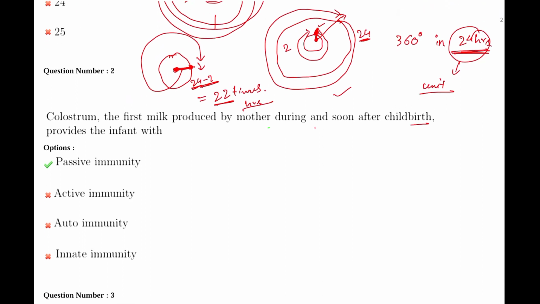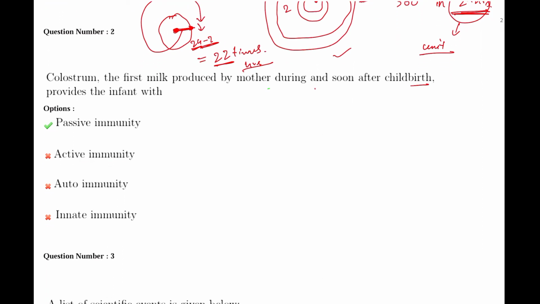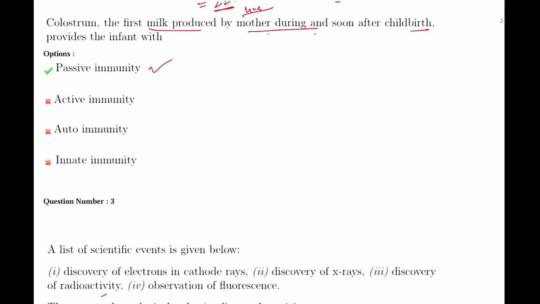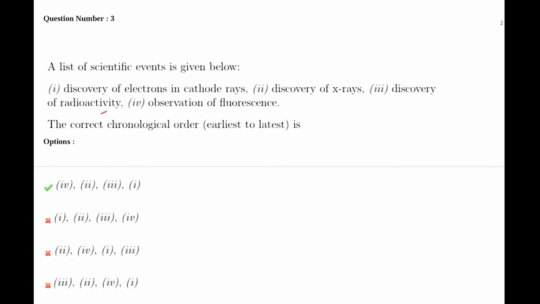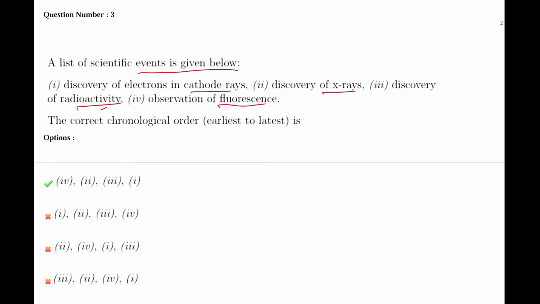Now moving to the second question: the first milk produced by a mother soon after childbirth gives passive immunity. It's a very simple general knowledge question. Then a list of scientific events is given: discovery of cathode rays, electrons in cathode rays, X-rays, radioactivity, fluorescence.